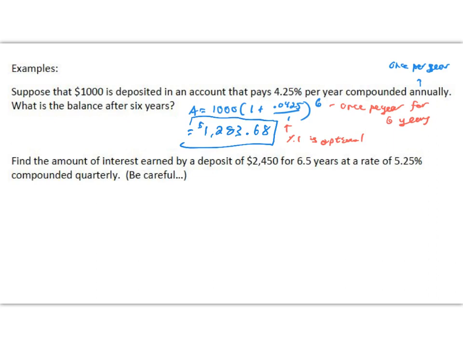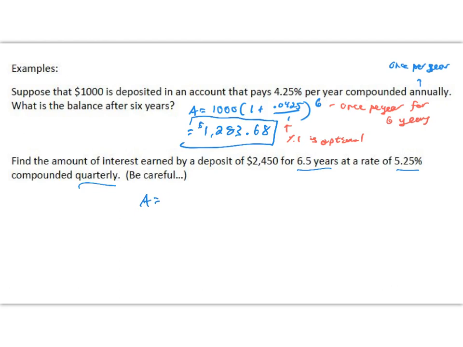Okay. All right, let's do this again here real quick. Find the amount of interest earned by a deposit of $2,450 for 6.5 years. Okay, that's kind of novel, so we'll have to look out for that. And 5.25% compounded quarterly. So there's really not a wasted word in this problem. We've got to be awful careful about this. So let's go ahead and set up our formula.